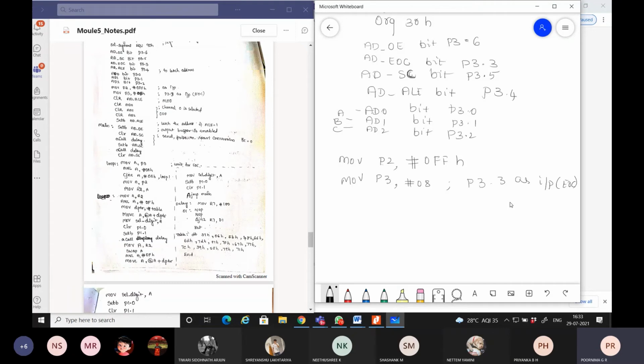If it is not, then CLR P3, #08H. Okay, then clear AD ALE.